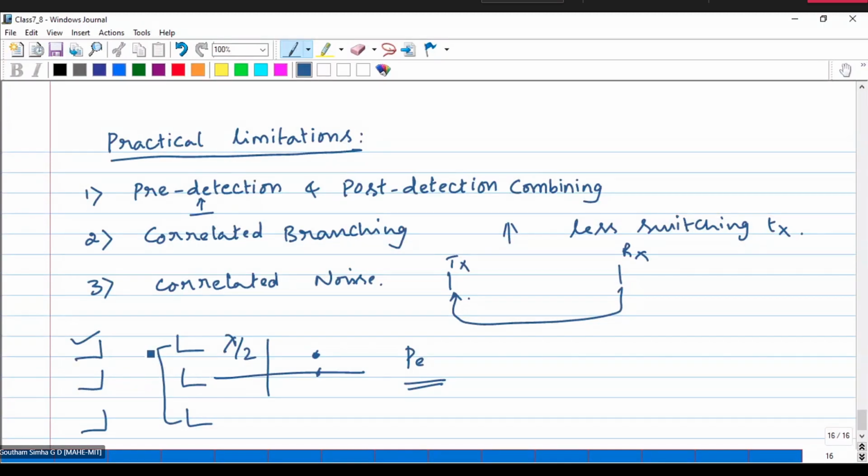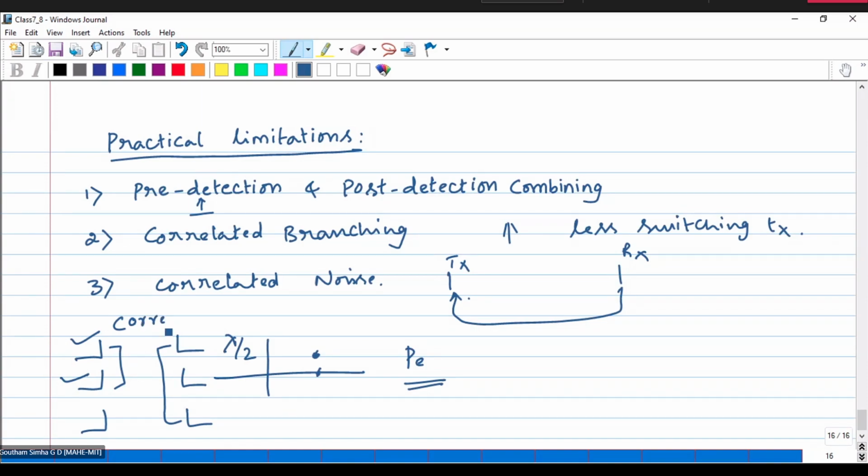Even if the channel is uncorrelated, if the branching of the antennas has not been met properly, receiver correlation comes into the picture and you will have correlated performance instead of uncorrelated performance. The same happens with transmit antenna diversity: if you don't have lambda by 2 separation between the transmit antennas, before the signal enters the channel itself, it is already correlated.